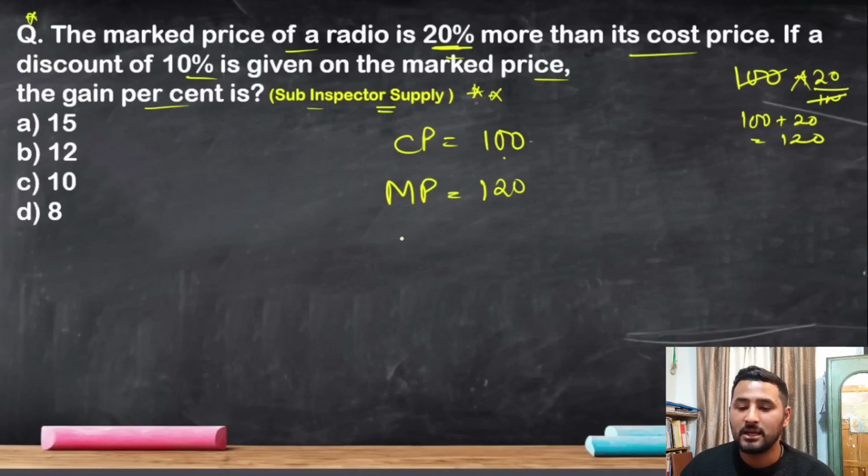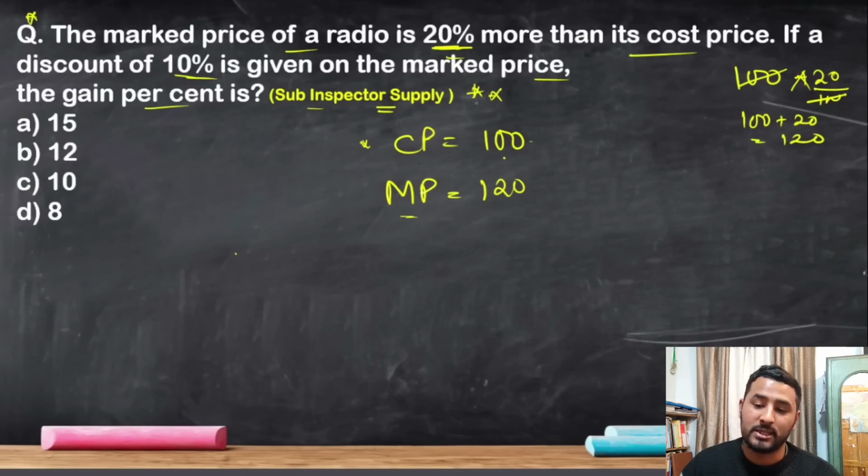Now a discount of 10% is given on the mark price, and you should find the gain percent. To get the gain percent, you have CP, and you need SP. They are saying a discount of 10% is given on the mark price. Like I said, to get the selling price, you should subtract the discount from MP.